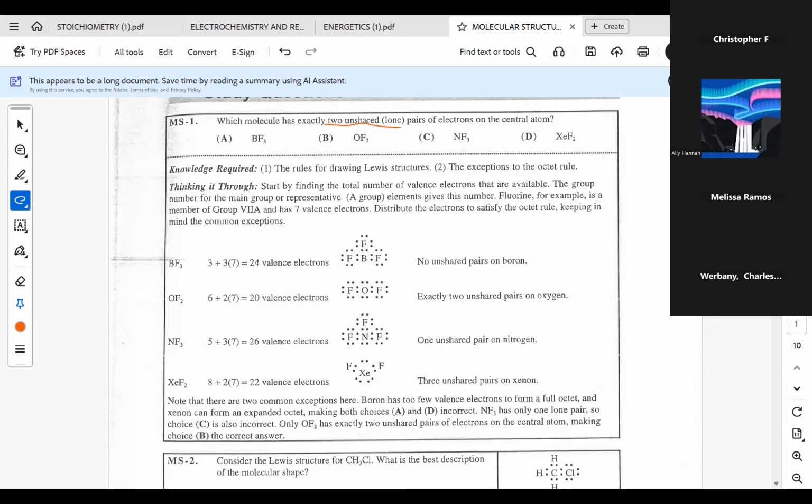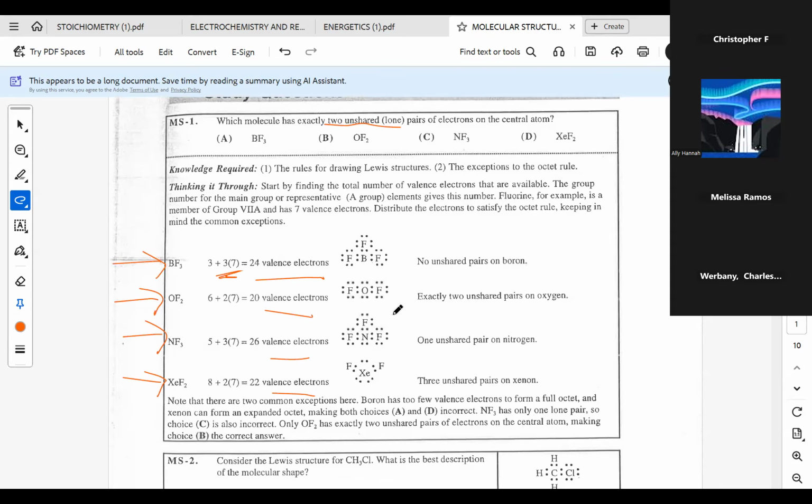If we did all of these Lewis dot structures, that's what we see here for BF3, OF2, NF3, and xenon difluoride. All these Lewis structures that we determine from the valence electron count are represented here in the middle. Boron is one of those exceptions. It only likes to have 3 bonds at any time.